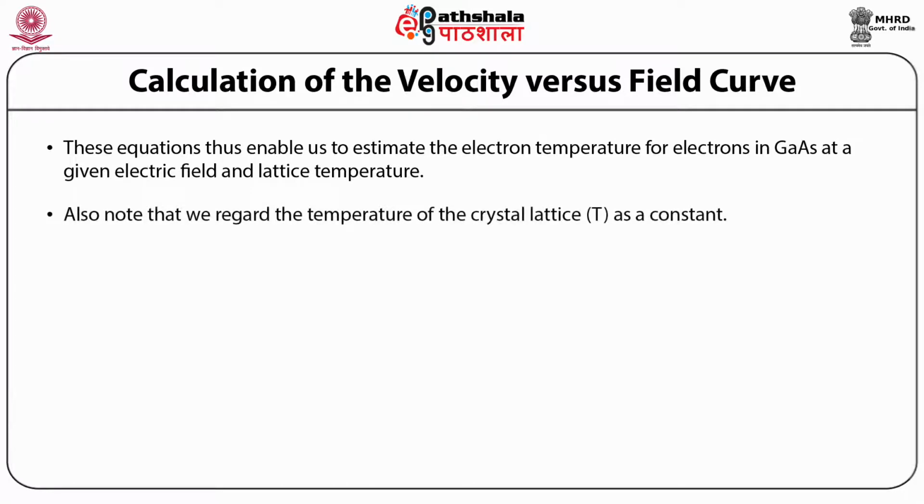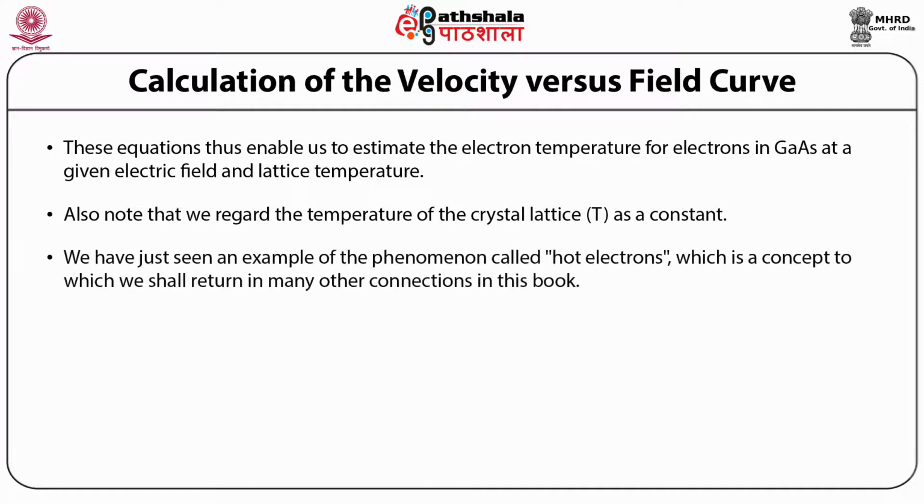Also note that we regard the temperature of the crystal lattice, that is capital T, as a constant. Now here we have just seen an example of the phenomenon called hot electrons, which is a concept to which we shall return in various other topics.